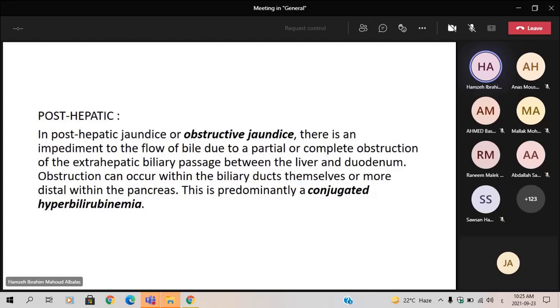In post-hepatic or obstructive jaundice, which is the main topic of this lecture, there is an impediment to the flow of bile, up to complete obstruction of the biliary passage between the liver and the duodenum. Obstruction can occur within the biliary ducts themselves or more distally within the pancreas. This is a predominantly conjugated hyperbilirubinemia.